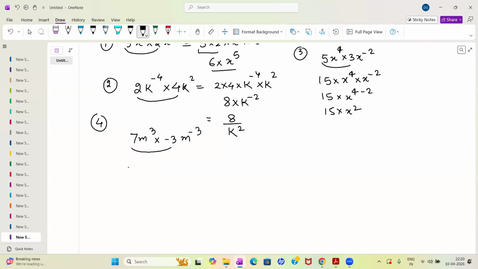So 7 into minus 3, minus 21, into m to the power 3 into m to the power minus 3. So minus 21 m to the power 3 minus 3. So it is 0, and you know that power of any number, if it is 0, then it is 1. So minus 21 into 1, minus 21.